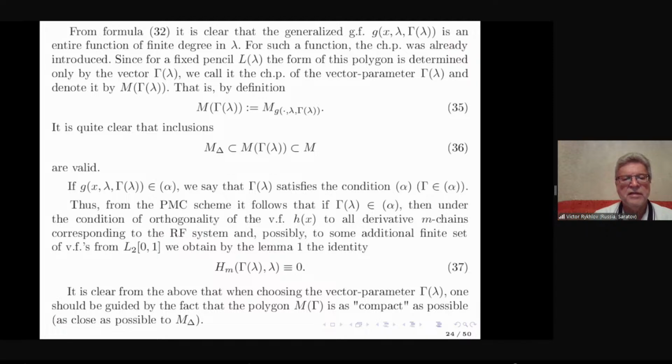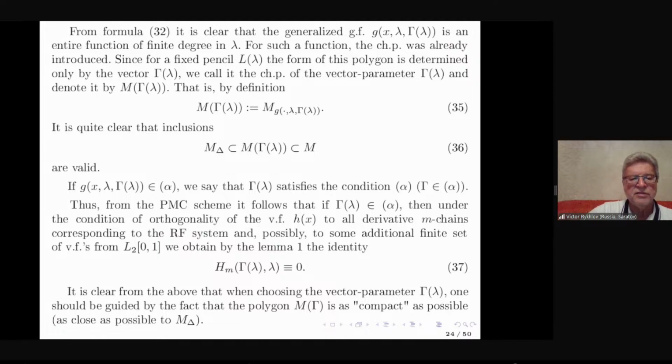Thus, from the described scheme, it follows that if gamma of lambda is from alpha, then under the condition of orthogonality of the vector function h of x to all derivative chains corresponding to the root function system, and possibly to some individual finite set of vector functions from L2(0,1), we obtain by Lemma 1 the identity 37.